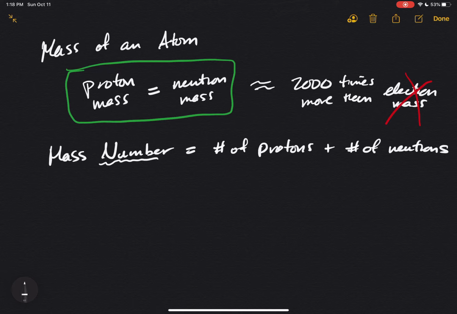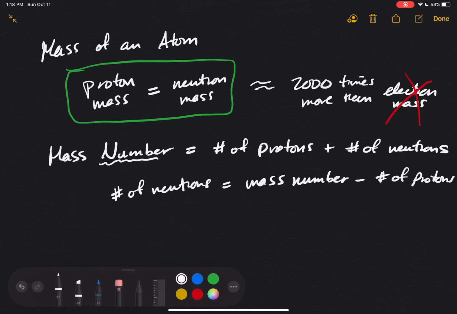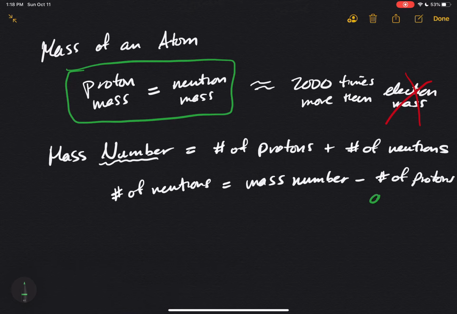And I hope that you can understand then that the number of neutrons in an atom must be equal to the mass number minus the number of protons. And we know that the number of protons is called the atomic number.